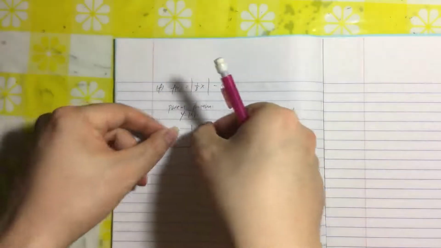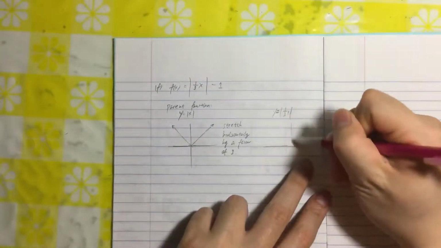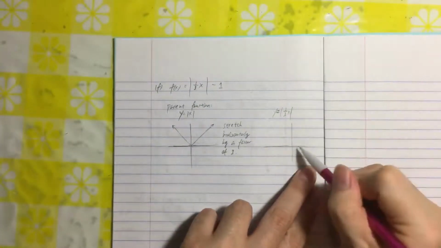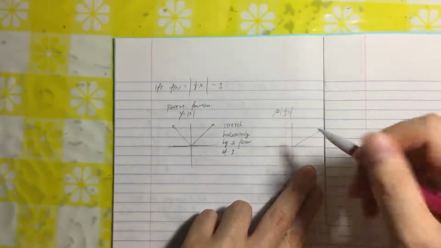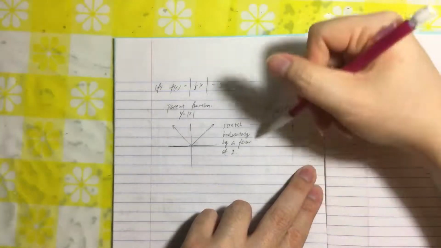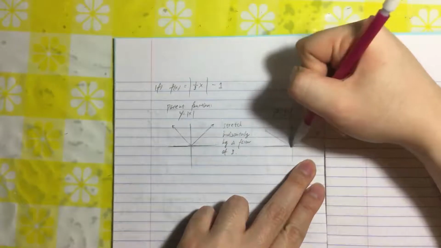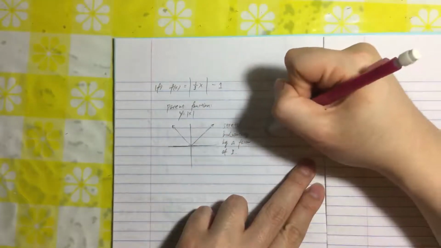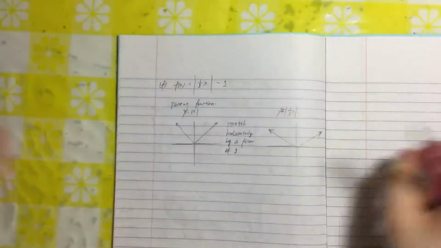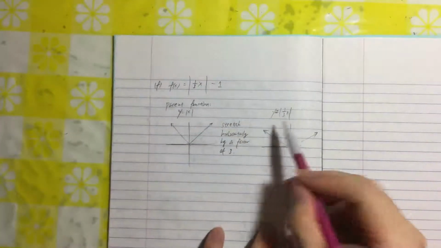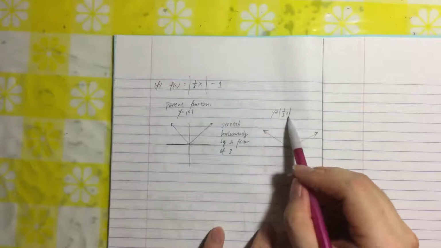If I stretch the graph horizontally, I make it wider. The graph becomes wider. Stretching the graph horizontally by a factor of 3 means I make it wider. That's the graph y equal to the absolute value of 1/3 of x.